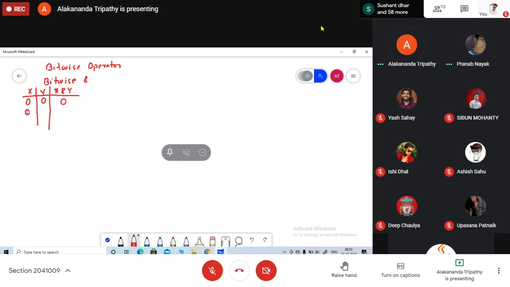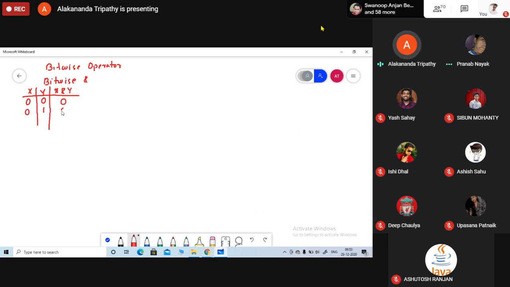If either one is 1, the output will still be 0. We get a true value only if both the inputs are true. So that is my bitwise AND operation. And remember, bitwise operations are performed at bit level.